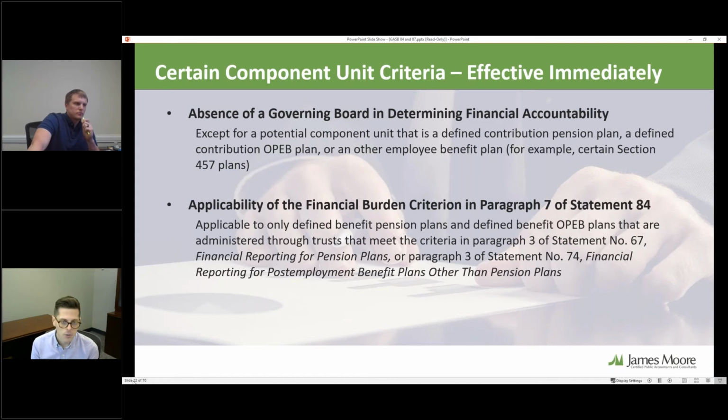If there is an absence of that board, you're going to treat that as if the primary government is the board or appoints the majority of that board. And the applicability of the financial burden criterion in paragraph 7 of Statement 84. So this is applicable only to defined benefit pension plans and OPEB plans that are administered through trusts and meet the criteria in paragraph 3 of Statements 67 and 74.